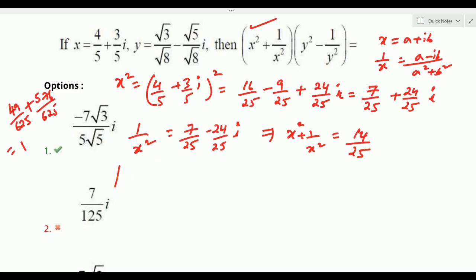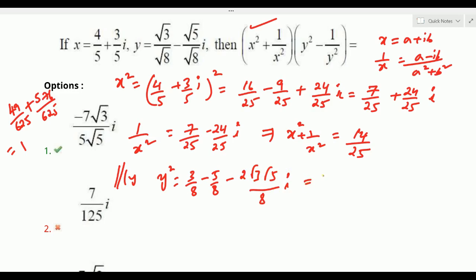Similarly, let's see y square. What is y given? Root 3 by root 8 minus root 5 by root 8 i is given. I am directly doing y square. root 3 by root 8 whole square is 3 by 8, root 5 by root 8 whole square with i square is minus 5 by 8, right? Then minus 2 root 3 into root 5, 2ab, by root 8 into root 8, that is 8, into i.